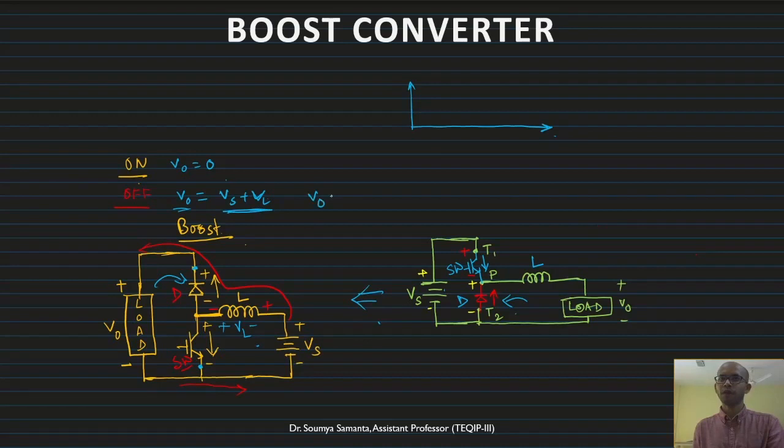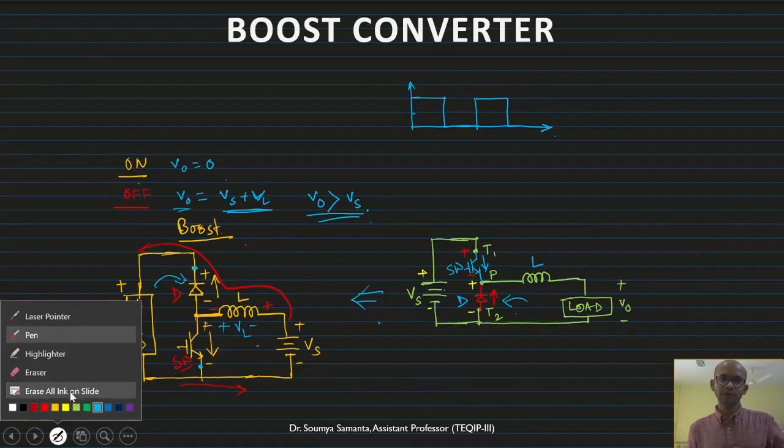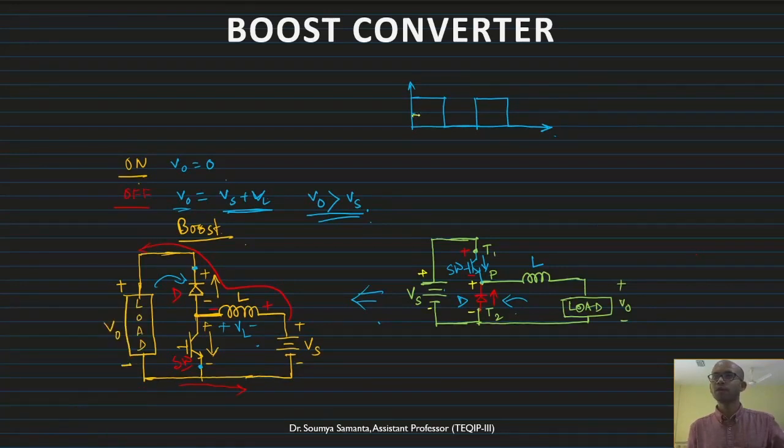So obviously the V output is greater than the Vs. So what do we get? Suppose this is the Vs. Now by controlling the duty cycle, we can get this output, which is more than the input voltage. This is the V output.